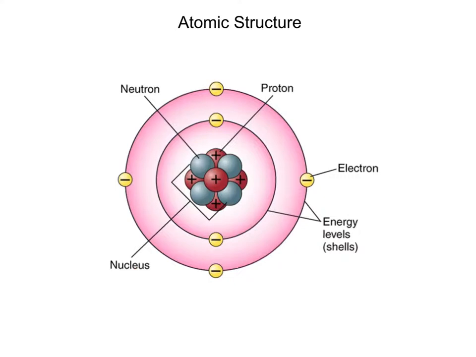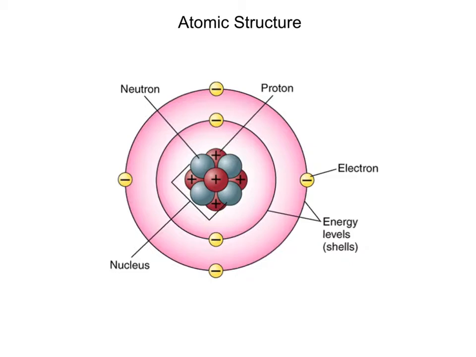And then the third subatomic particle would be the electron, which is negatively charged. The electrons are found in energy levels all around the nucleus of an atom at a specific distance from the nucleus depending on their energy. That's why they're referred to as energy levels.